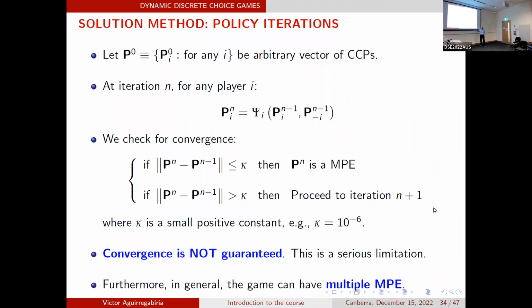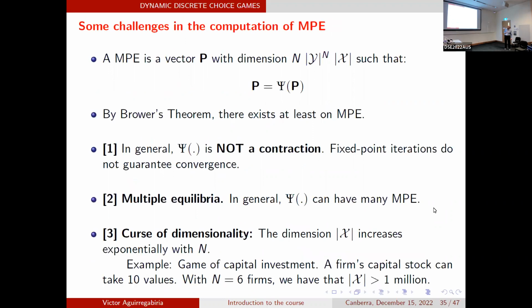This algorithm does not necessarily converge as a solution algorithm. And in addition, because it's not a contraction, we can have multiple Markov perfect equilibria, which is also going to be an issue, not only for solution, but also for the estimation of the model. Multiplicity of equilibria and non-contraction of this policy iteration mapping are closely related issues that will be relevant for the estimation of this model.